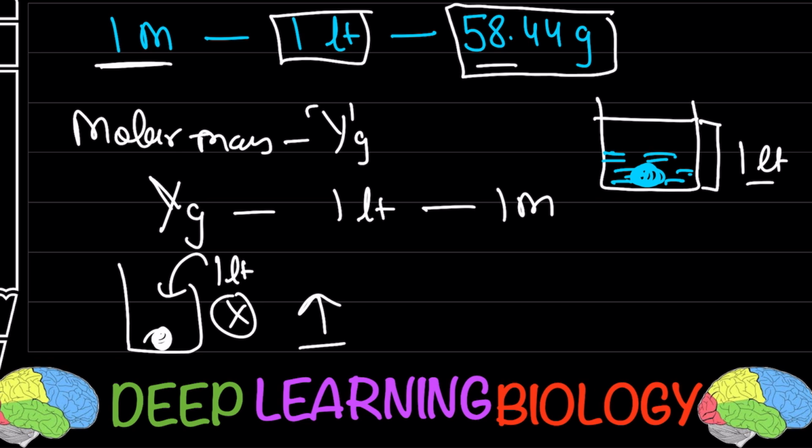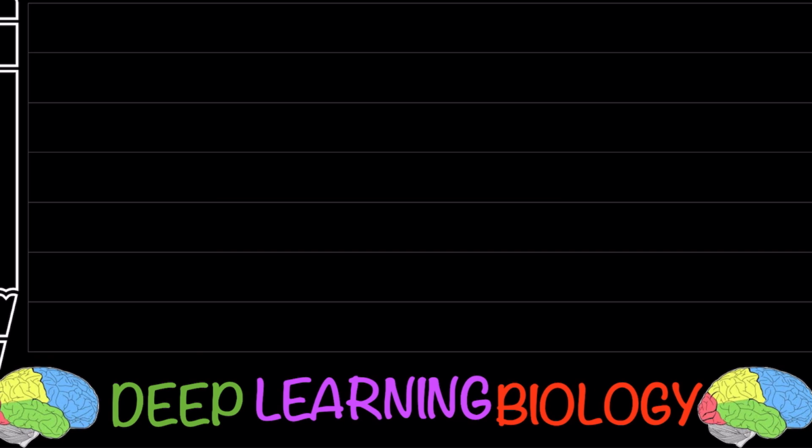We dissolve it initially in a small amount of water, and finally we make the volume 1 liter. This way we prepare 1 molar, 1 liter NaCl. Quite easy.